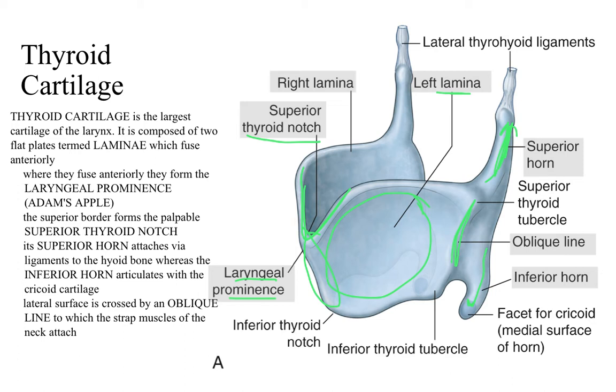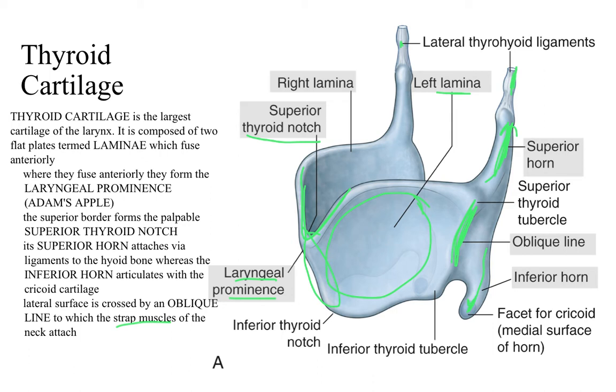Okay, the superior horns will attach to the hyoid bone with these ligaments. The inferior horns are going to articulate with the cricoid cartilage below, which looks like the beginning of the trachea, but it's one cartilage ring above where the trachea begins. And the importance of mentioning this oblique line is that is where the strap muscles of the neck will attach.